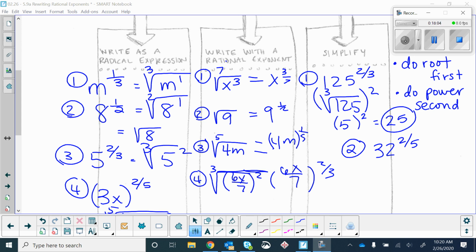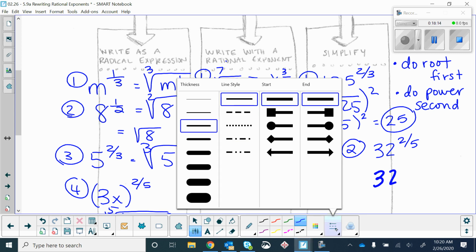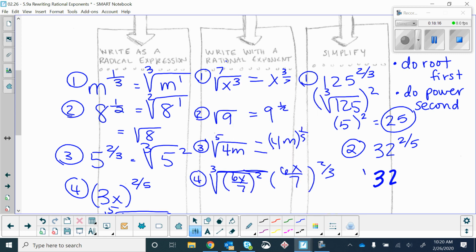What's the root, the 2 or the 5? The 5, right? So I'm going to write it: 32 to the 5th root. So this is what I mean when I say do the root first. That's the root, doing the power second.